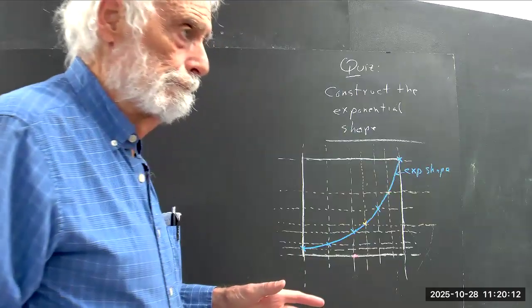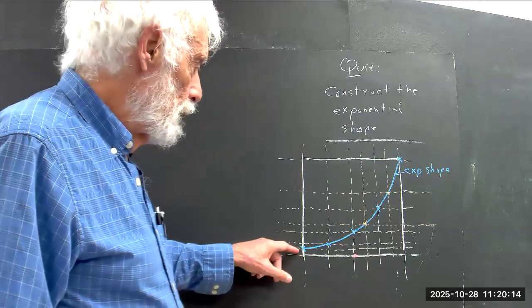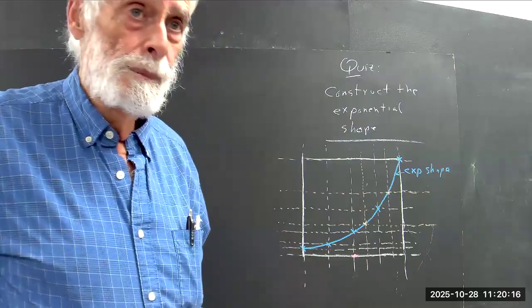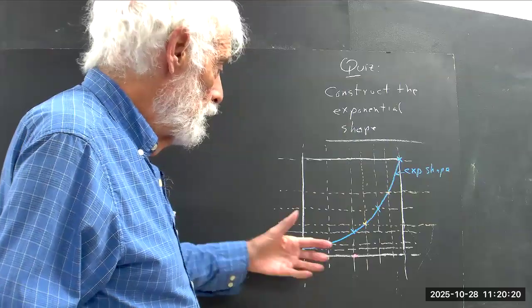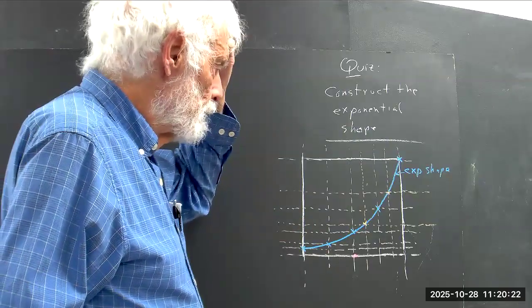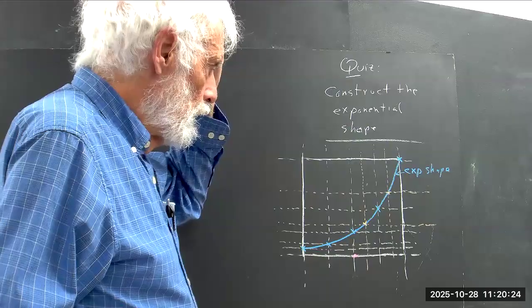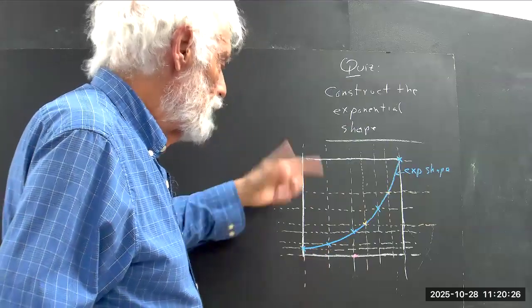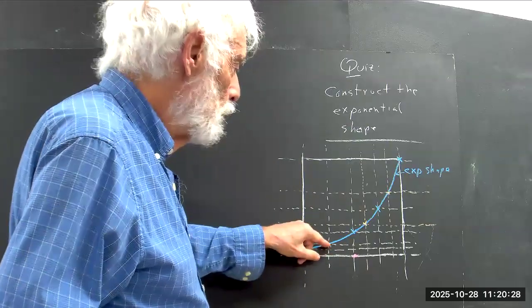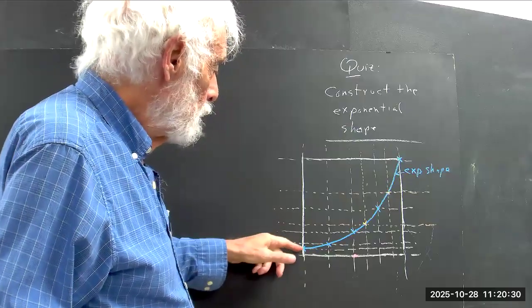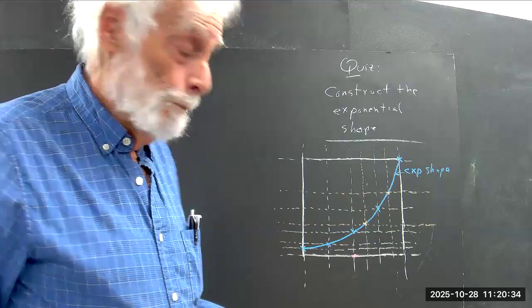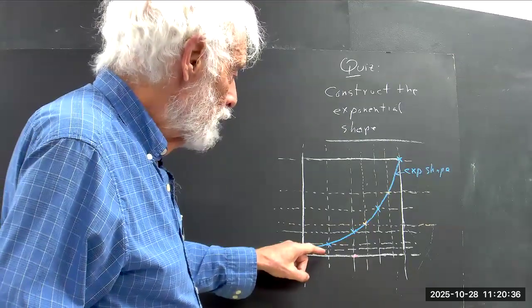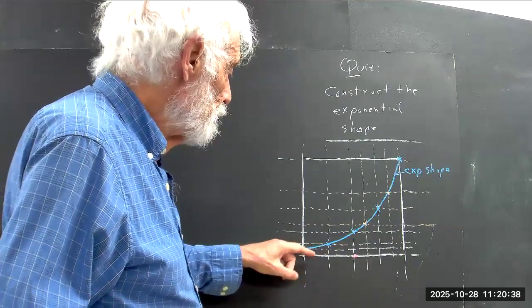Now, I'm going to notice something. Every time I move over one and up one, I'm always doubling the value. Okay? Because take these lowest two lines.